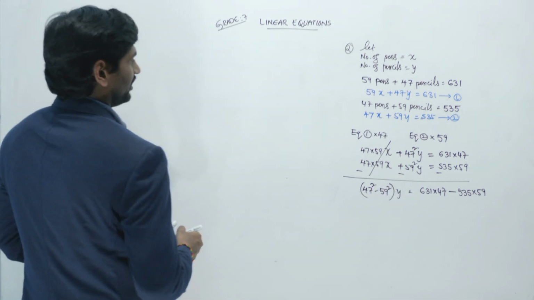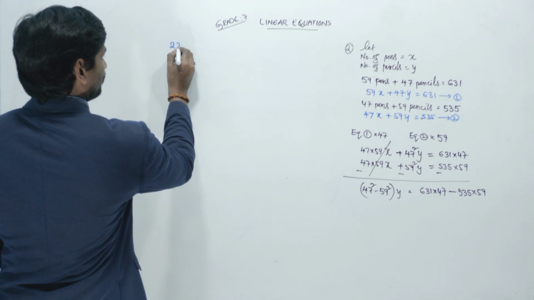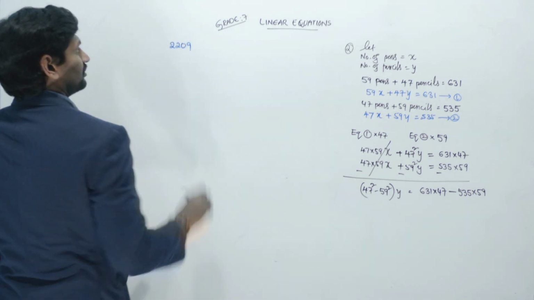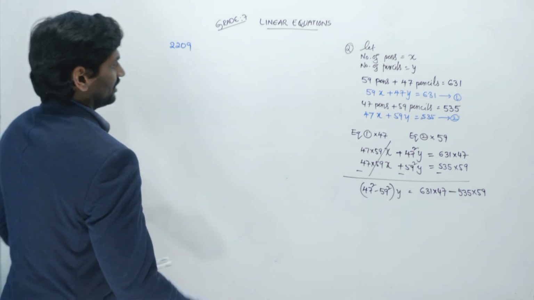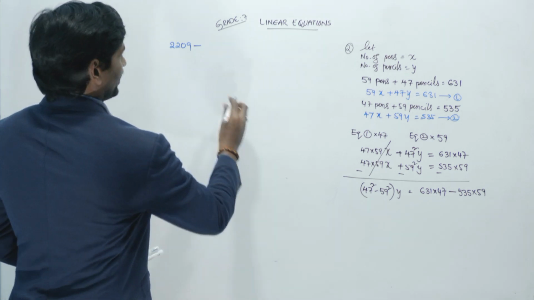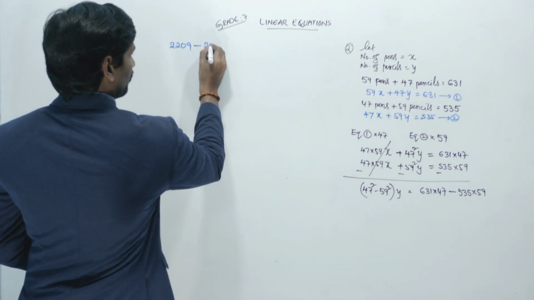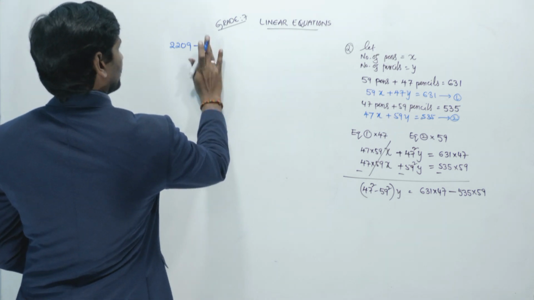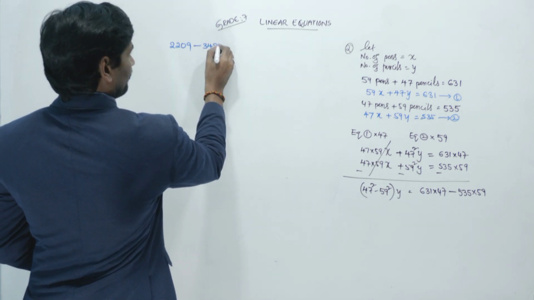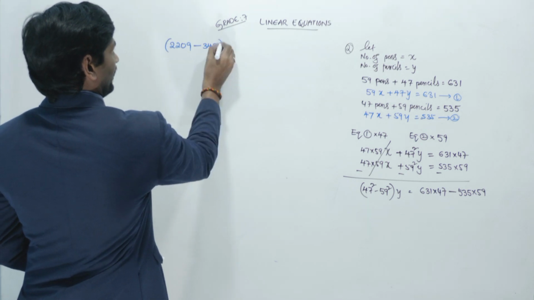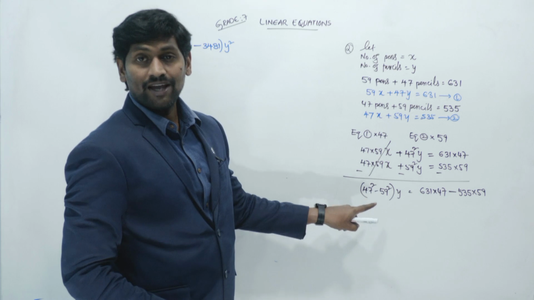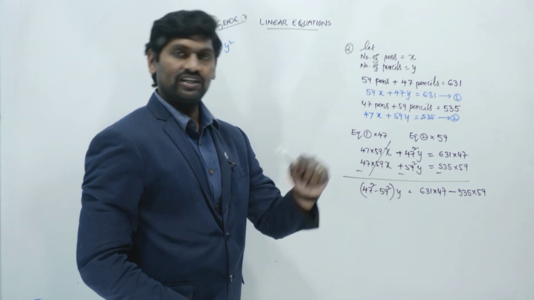Then 2209 minus 59 square. 59 square is 3481. So I just write the values of 47 square and 59 square into y.